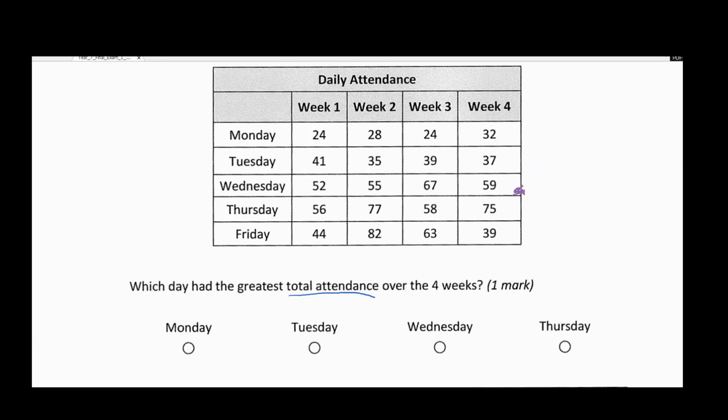Looking at it, it already looks like it's going to be Thursday, but just to be sure, we'll do 24 plus 28 plus 24 plus 32.